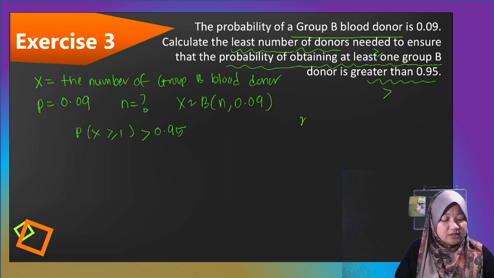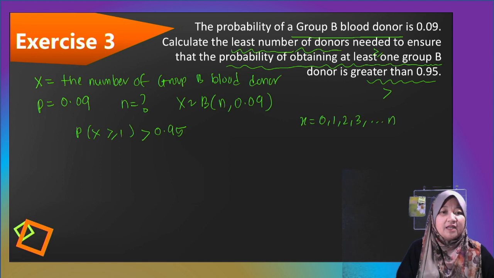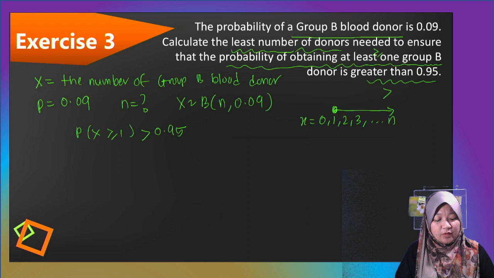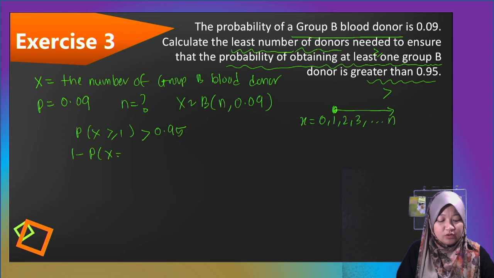Kita tahu X adalah counting number from 0, 1, 2, 3 and so on until N. Maksudnya kita kena kira probability 1 sampai N, kecuali 0. Maksudnya, probability X greater than or equal to 1 ni adalah 1 minus probability X equal to 0.